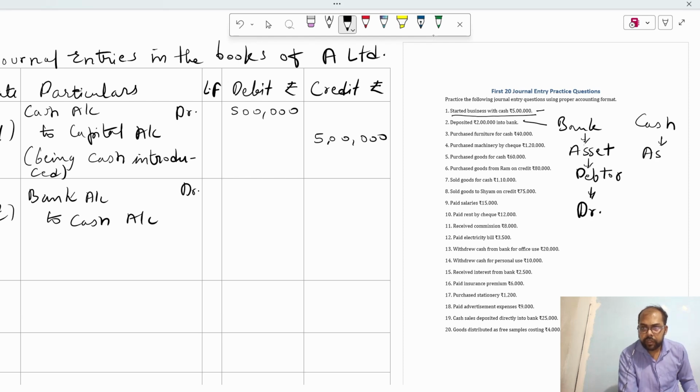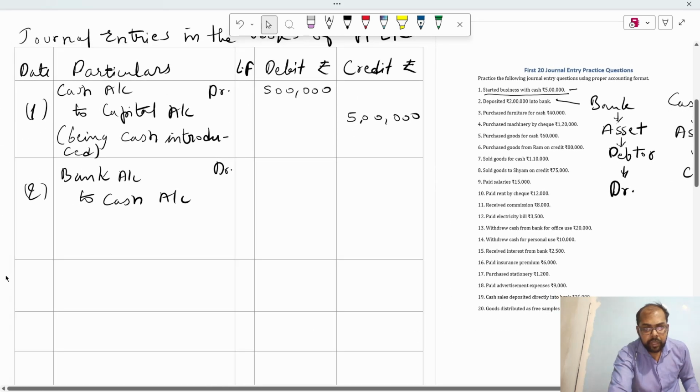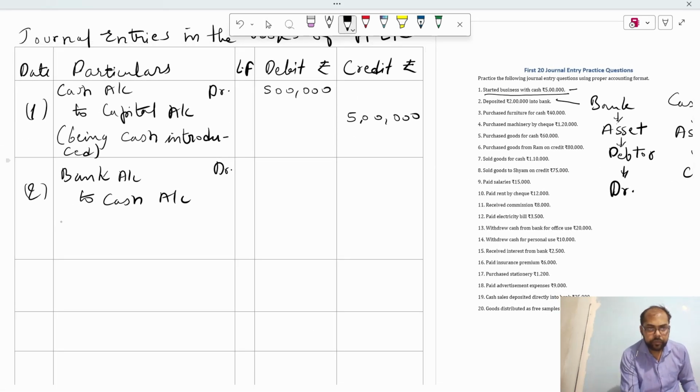Cash, on the other hand, is an asset, but what is happening here? It is decreasing. Cash is decreasing here, and therefore it is credited. I hope the logic is clear here also. Now the narration will be deposited cash into bank.